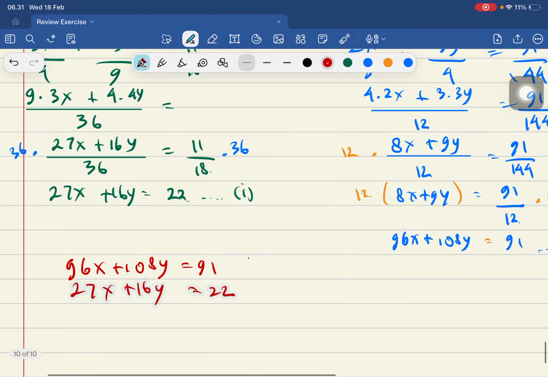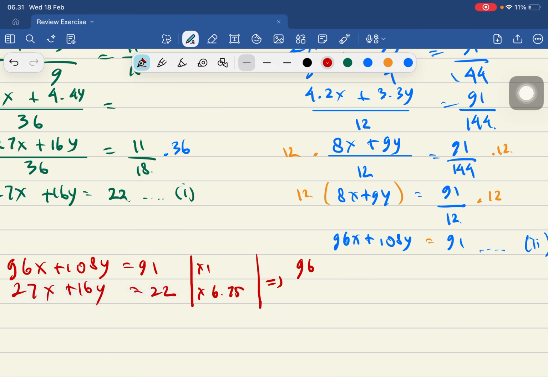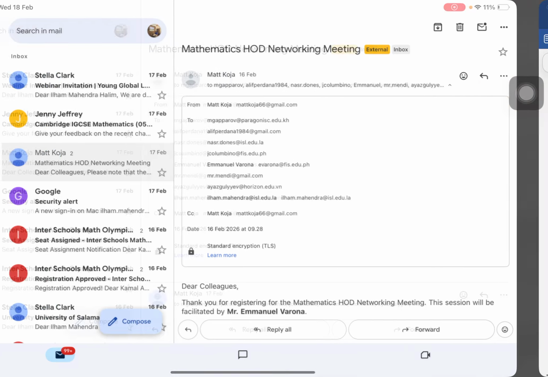Okay, let's keep the first and multiply by 1. The second we can multiply by 6.75. So we will keep it. It's going to be 96x plus 108y equal to 91. Here we can multiply by 27, which is 182.25x.